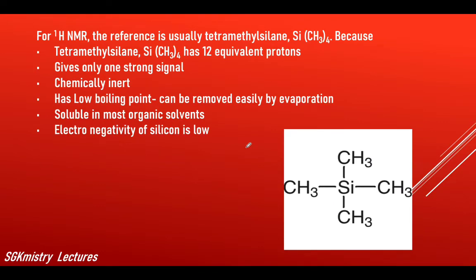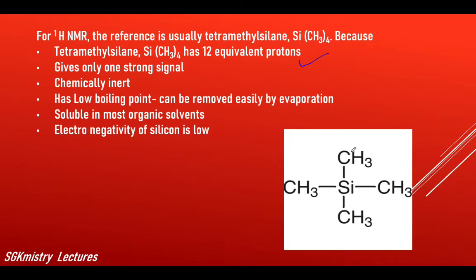So why do you take this TMS as the reference compound? What are the different reasons why we need to take this TMS as the reference compound in NMR spectroscopy? First of all, this tetramethylsilane, or the TMS, has 12 equivalent protons.